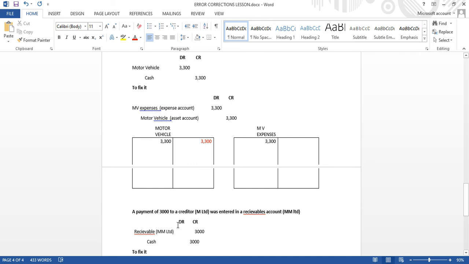So how do we get rid of this error? You need to credit the receivable as well, so that it cancels.